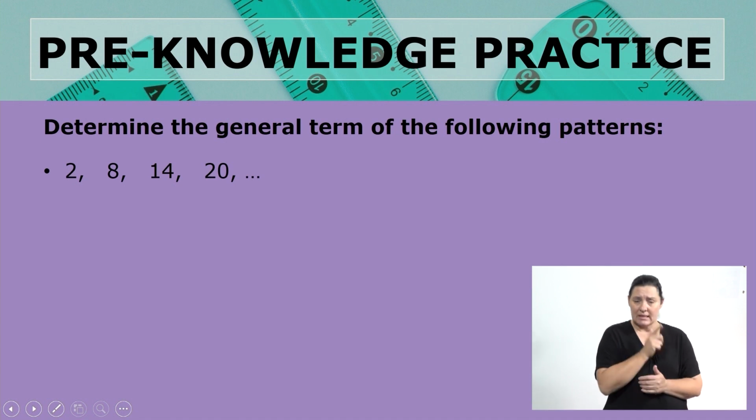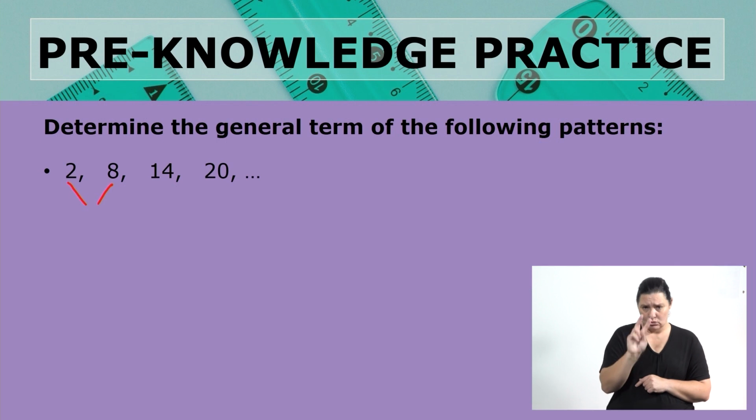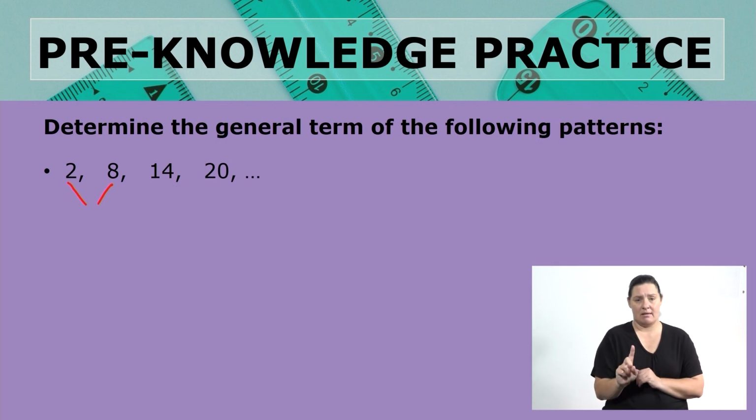But can you tell what is going on in this pattern? So how do we move from the first term to the next term? And as you can see, do you remember how to find the difference between these two terms? So between 2 and 8, if I wanted the difference there, I would simply say my second term minus my first term, and that is 8 minus 2, which will give me a 6.